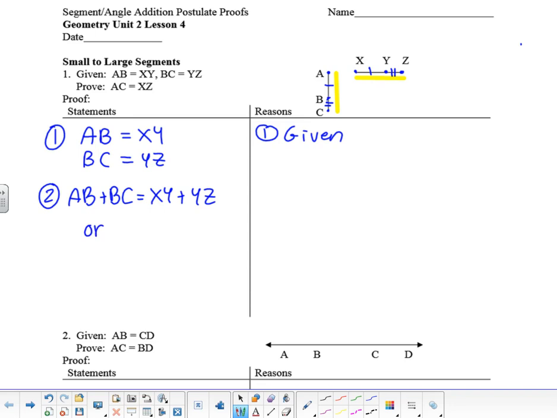When you add AB and BC, the result is AC equals XZ. And what did we do? We added two things together. Those were the two things in step one, and that is the addition property of equality.